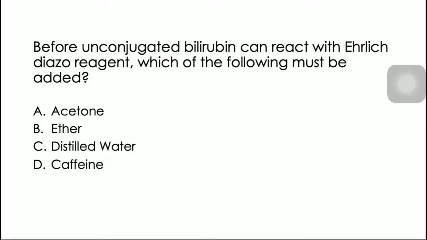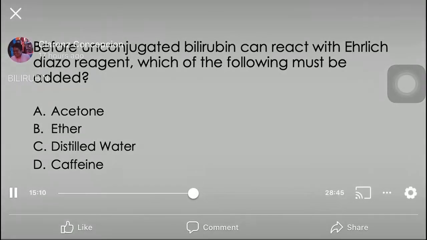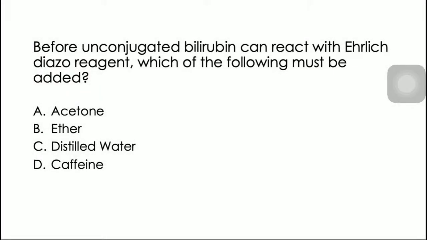The unconjugated bilirubin needs an accelerator for it to be measured. And the two methods use different accelerators. For Evelyn and Malloy, we are using methanol, while for Jendrassik and Grof, we are using caffeine sodium benzoate. And between the two, the candidate reference method and the more sensitive and widely used one is your Jendrassik and Grof, which uses caffeine sodium benzoate as an accelerator for us to measure the unconjugated bilirubin.